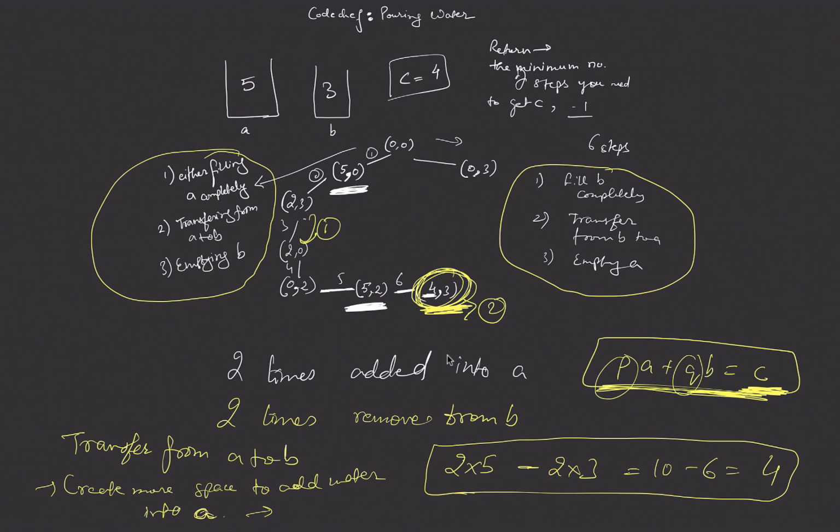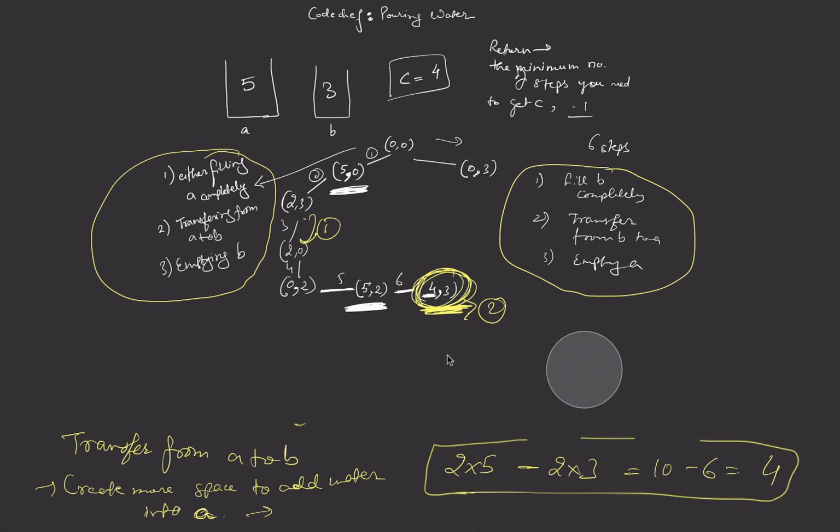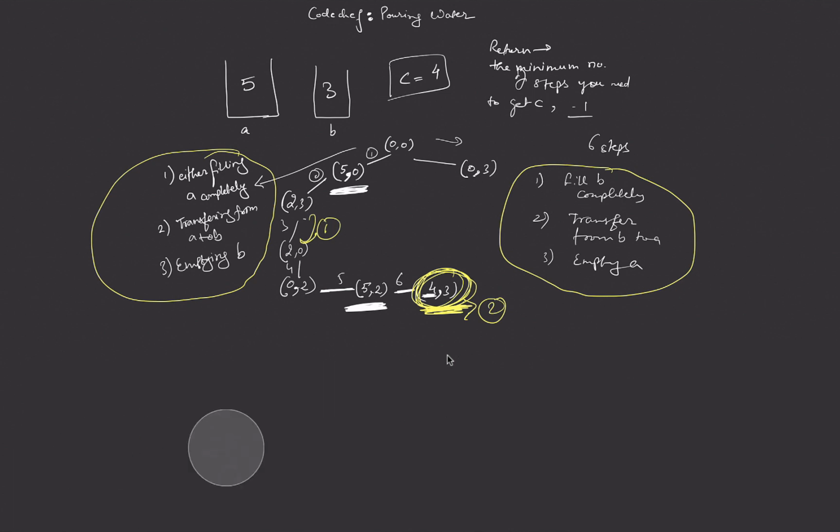Hence we do not need to consider other possible states. I have also shown how other possible states can lead to redundant states or the base case when the answer is automatically 1. So that's why for this problem we'll only follow these 2 possibilities.